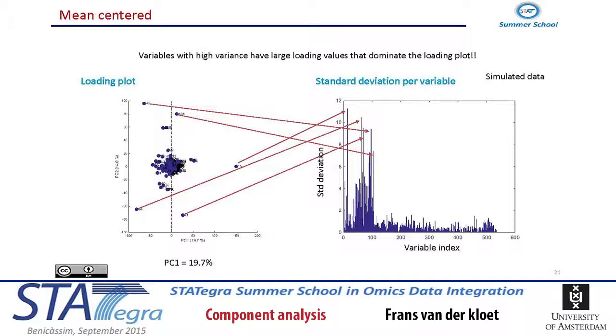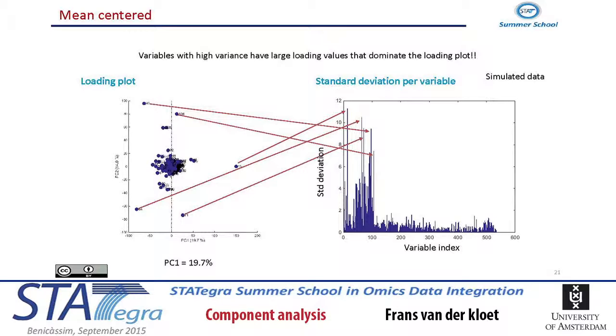So what is the effect if I just do mean centering? This is some data I've simulated, just to see the effect. I've generated a couple of variables that have a large variation and variance for that matter.